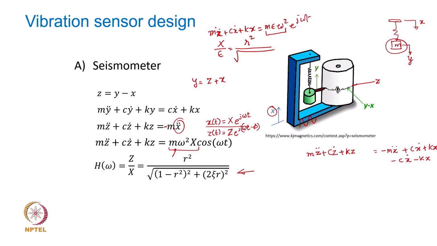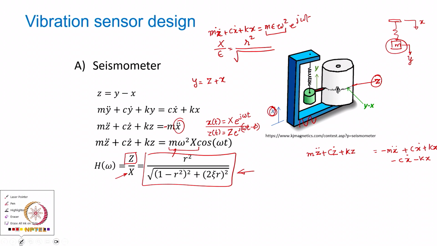So, what we are obtaining here is the amplitude of the relative motion z. Okay. The amplitude of this relative motion z, which is being traced out on the paper, normalized with respect to the input amplitude capital X, that ratio is given by this expression, quite similar to a rotating unbalanced case.